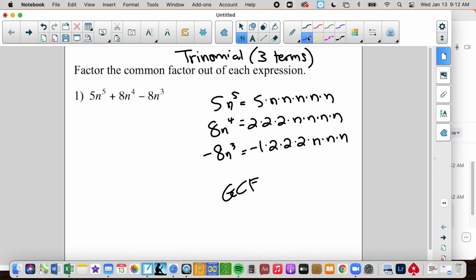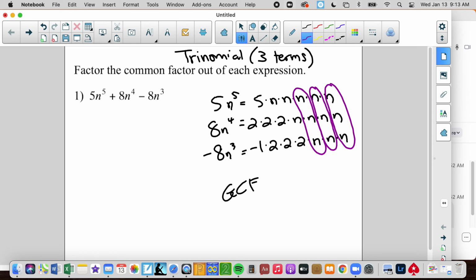So we want to circle what they have in common. They have an n in common. They have a second n in common. They have a third n in common. Now these two have another n, but notice that there are no more n's in negative 8n to the third. So we cannot take a fourth n, even though these two have one.